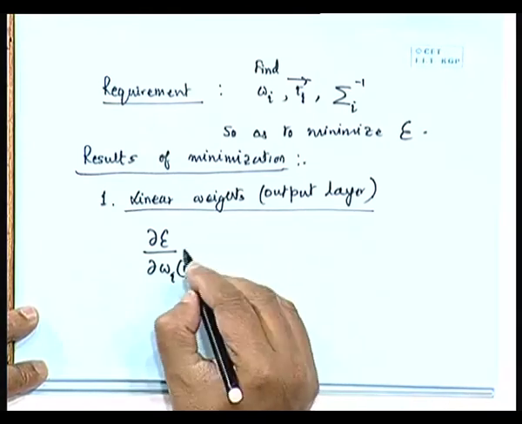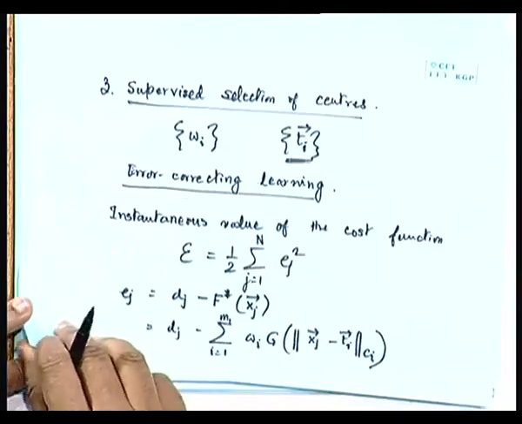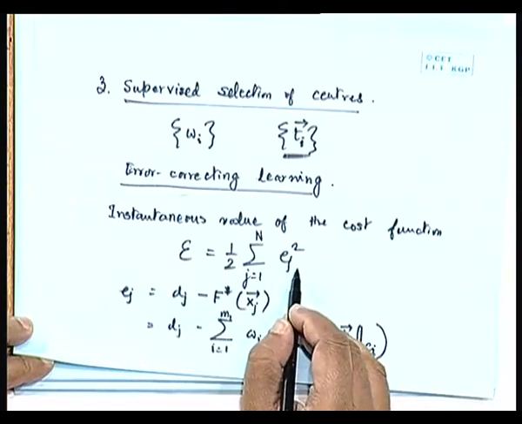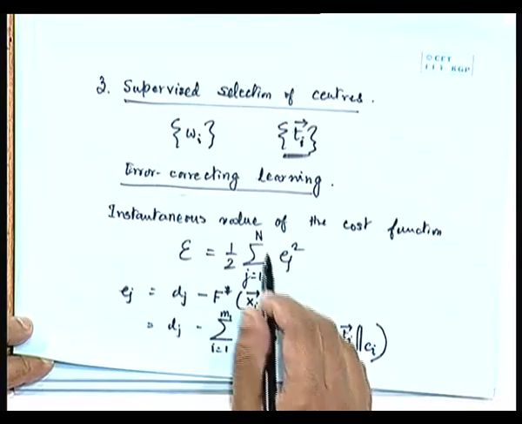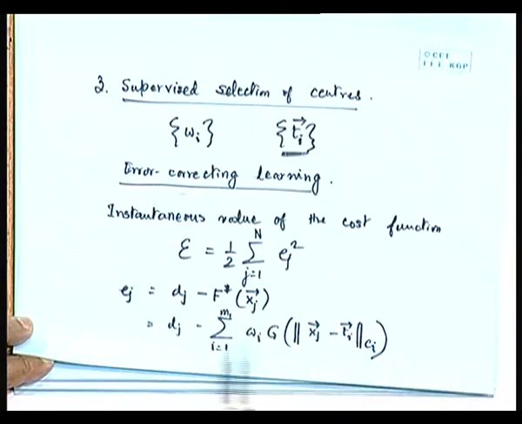And what are we going to obtain out there? Can anybody make a good guess? Look at the expression of E. E is the summation of Ej square, j equal to 1 to n, and individually this Ej is like this.